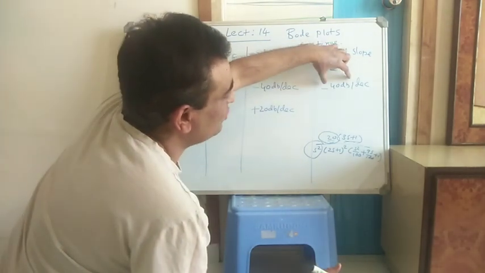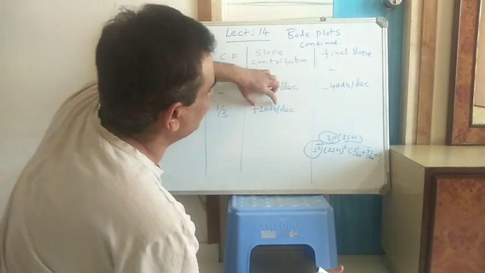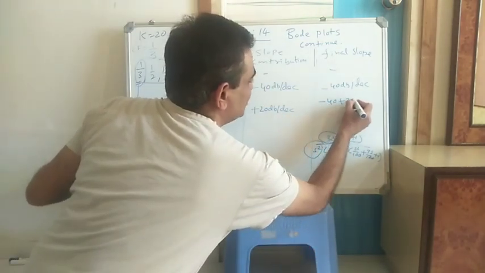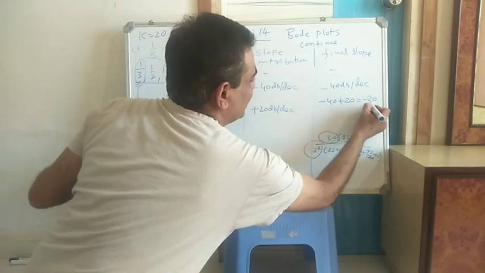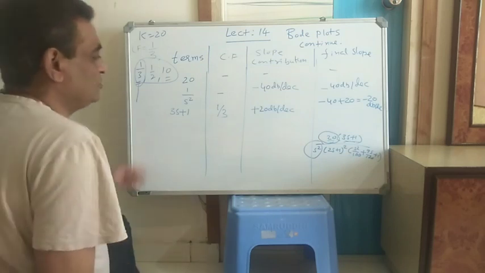Earlier the slope was minus 40, and now adding plus 20, minus 40 plus 20 is equal to minus 20 dB per decade. The final slope is minus 20 dB per decade. So this term is over.